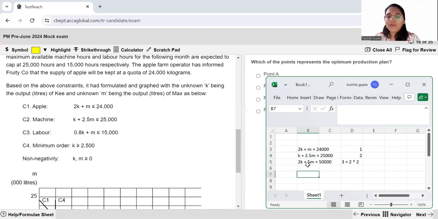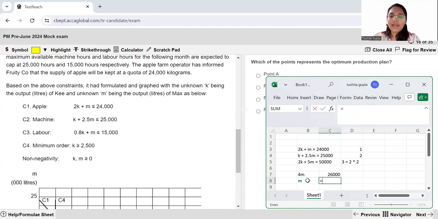So now I have equation 3 and I have equation 1. I'm just subtracting 1 from 3. If I subtract 2K from 2K, I am left with 0. 5M minus M leaves me with 4M, and 50,000 minus 24,000. So this is what I'm left with: 4M is equal to 26,000.